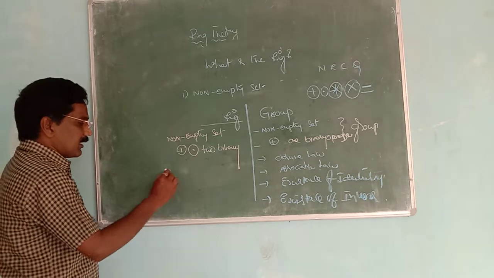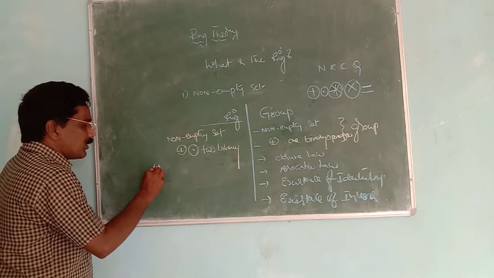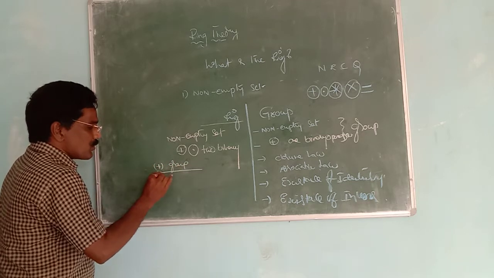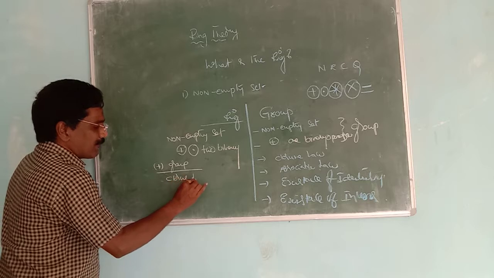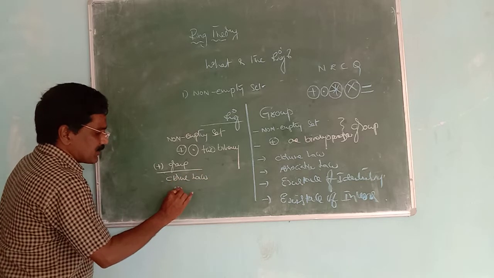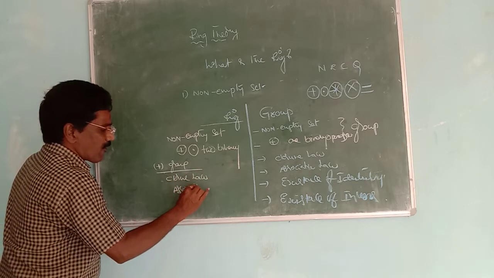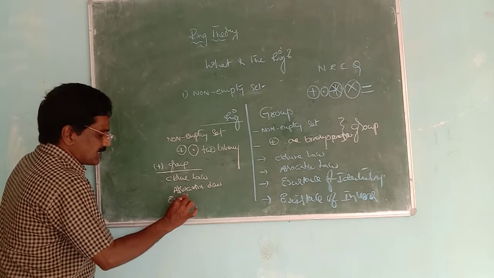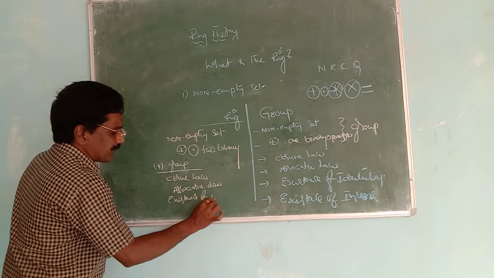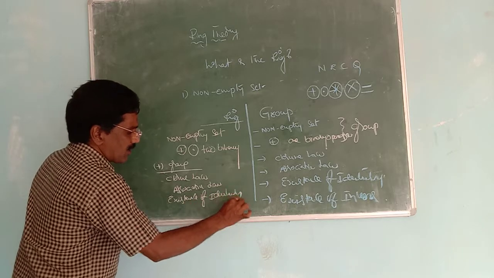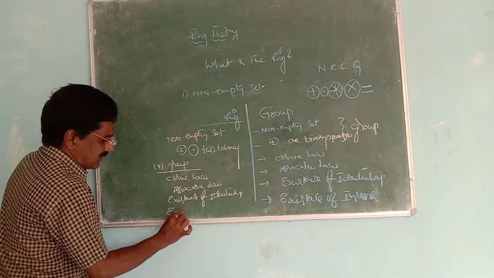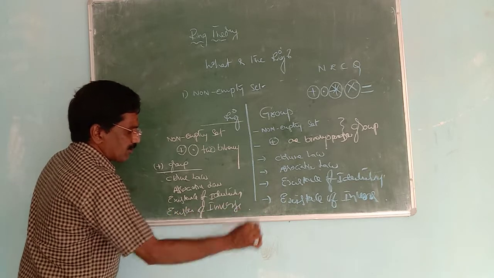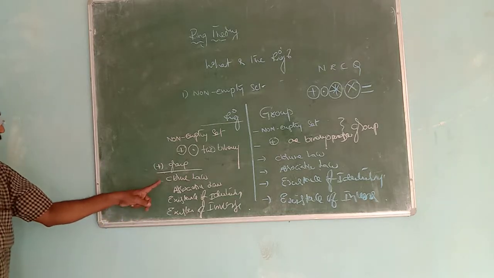First, with respect to addition it is a group. So closure law, associative law, existence of identity and existence of inverse. These are the four conditions.